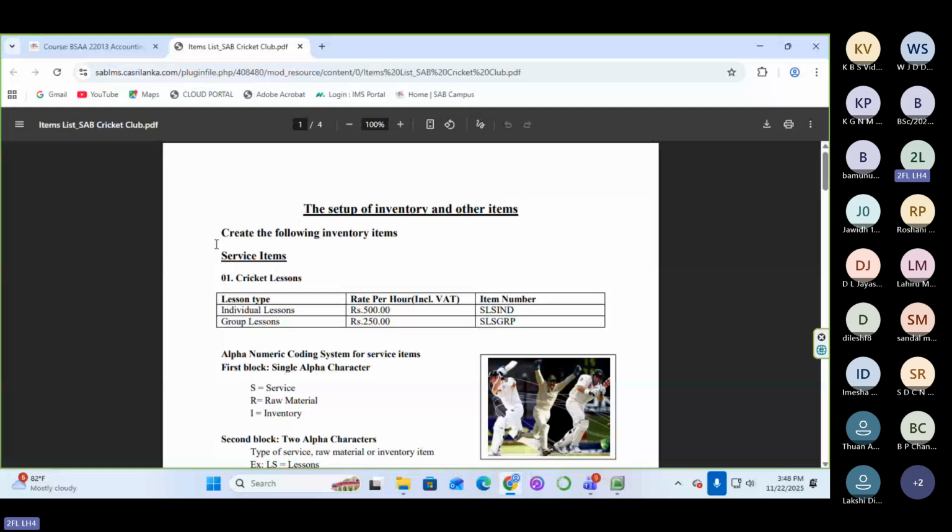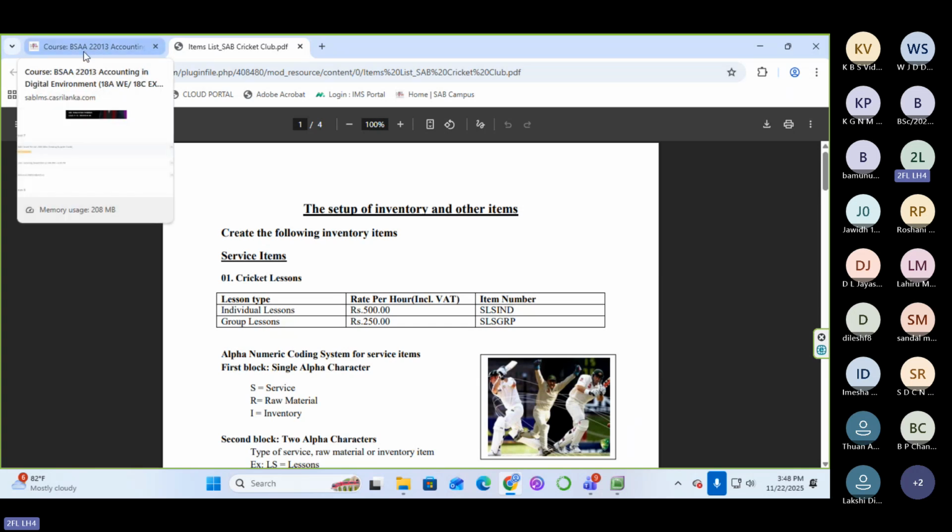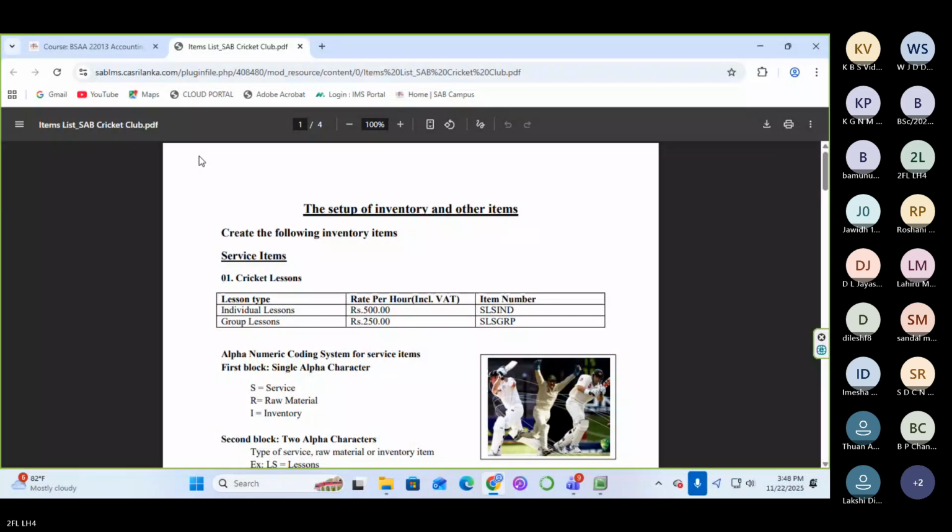Now, if you look at the course code of this subject, BSAA, what is the meaning of BSAA? Bachelor of Science Applied Accounting. So each and every letter has a meaning, isn't it?